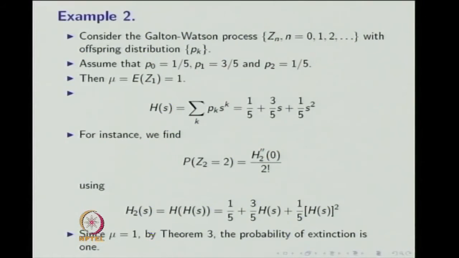So first you find out H_2 of S, that is nothing but H_1 of H of S, that is same as H of H of S. So replace S by H of S in the H of S expression, that is 1 by 5 plus 3 by 5 times S plus 1 by 5 S square. So replace S by H of S, so you will get H_2 of S. Once you know the H_2 of S, you differentiate twice, then substitute S is equal to 0, then divide by 2, you will get the probability of Z_2 is equal to 2.